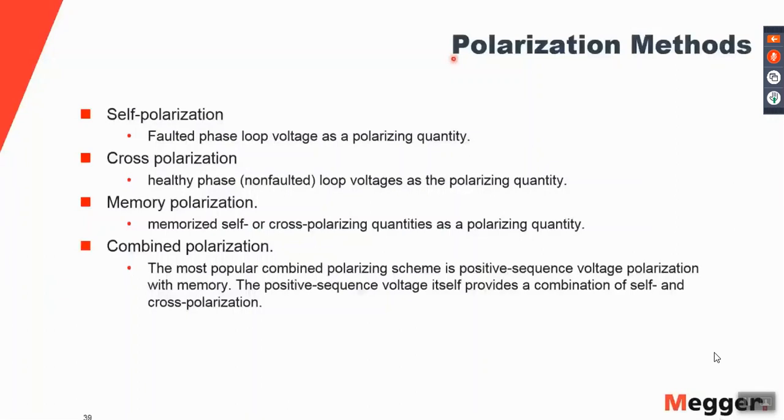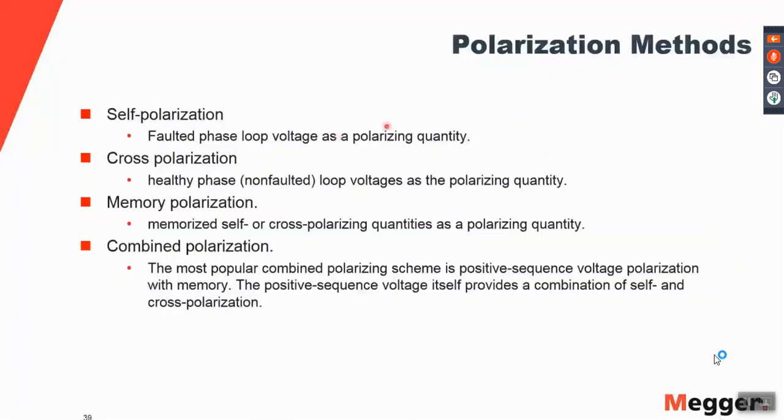That has a problem, which is that usually when you have a fault in a line and the fault is in a particular phase, the voltage of that phase collapses very quickly, which means that sometimes you do not have enough voltage to compare with the angle of the current in order to determine directionality.